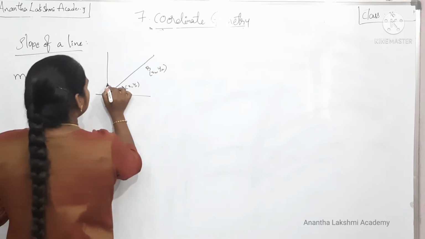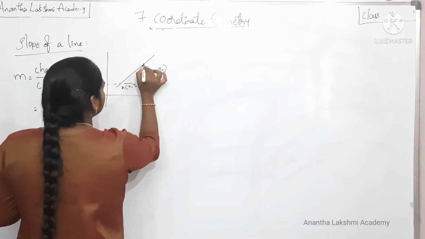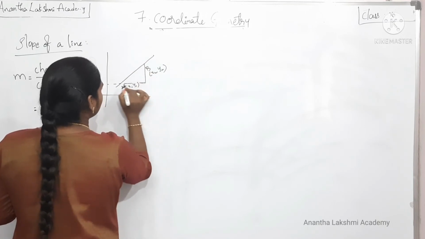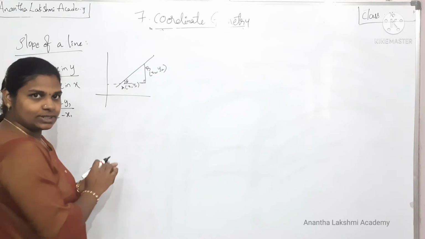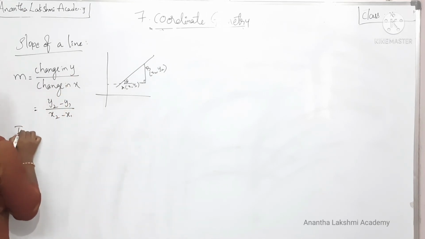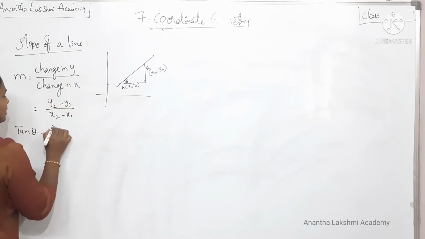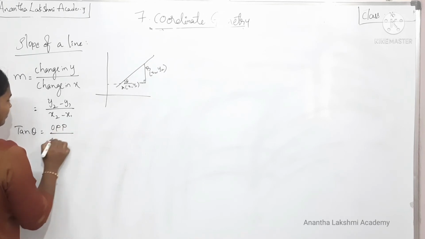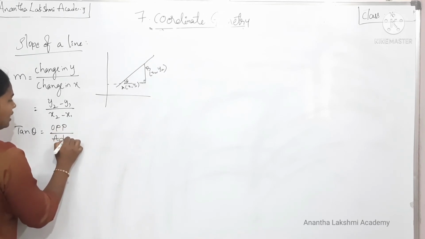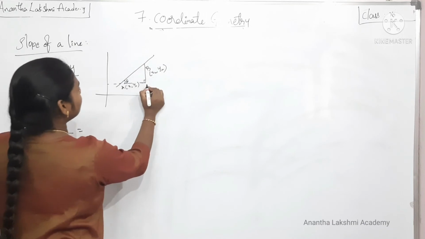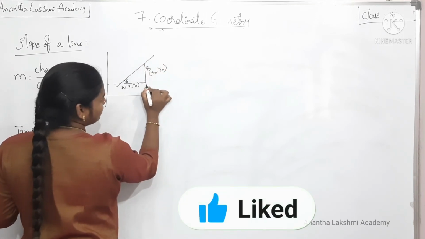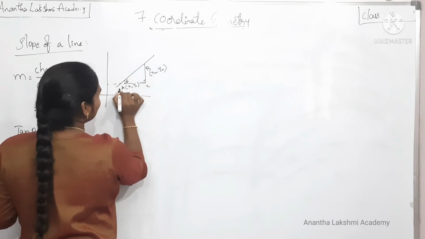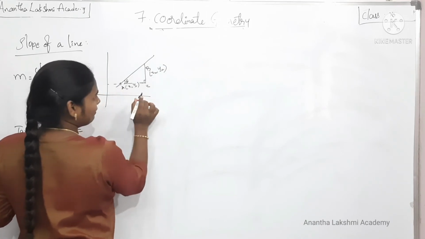Alright. If we draw a perpendicular here, this forms a triangle wherein this is going to be a right angle. Slope is also denoted as tan theta. Tan theta is nothing but opposite by adjacent, which is also equal to, see here, this coordinate is going to be y2 and this coordinate is going to be y1 as usual.